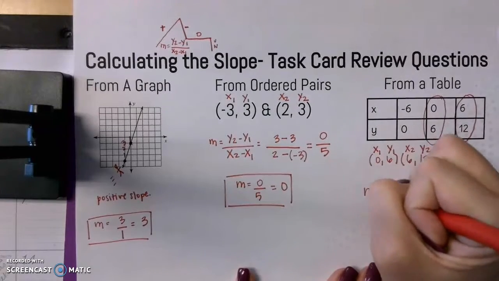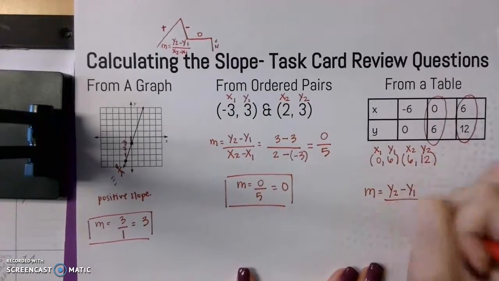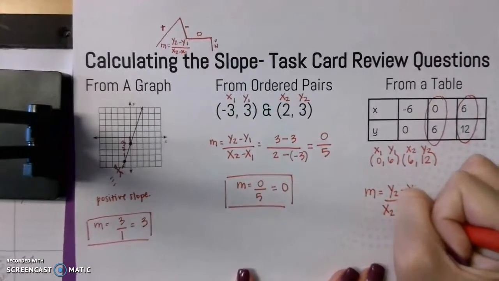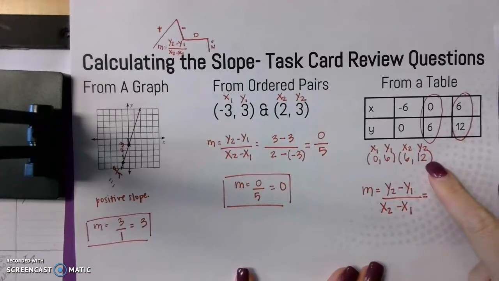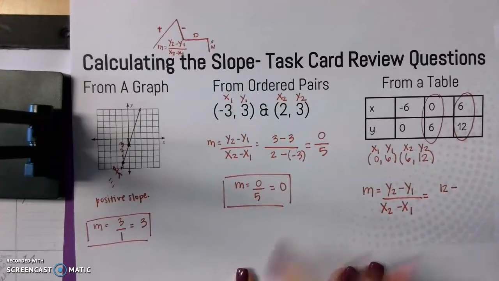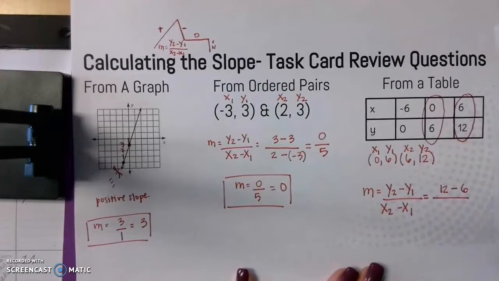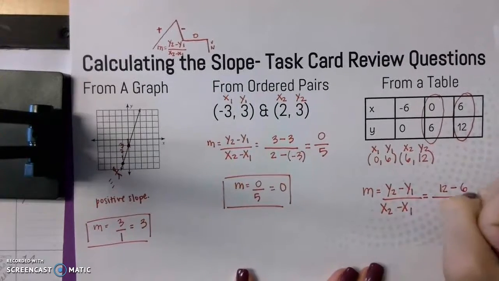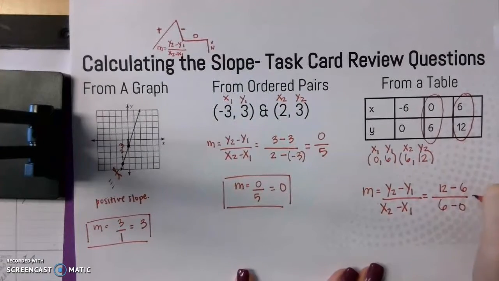Then from here, I plug it into my slope formula: y2 minus y1 over x2 minus x1. y2 is 12, so it'll be 12 minus y1, which is 6, over x2, which is 6, minus x1, which is 0.